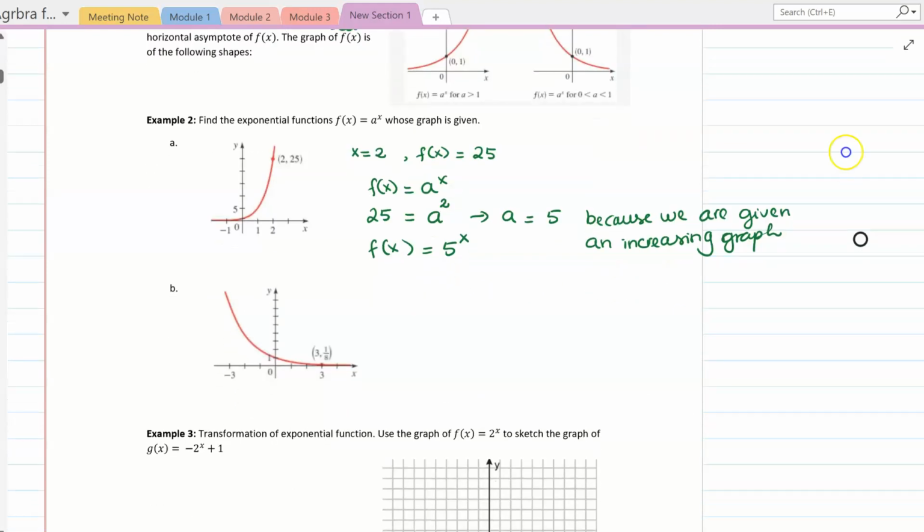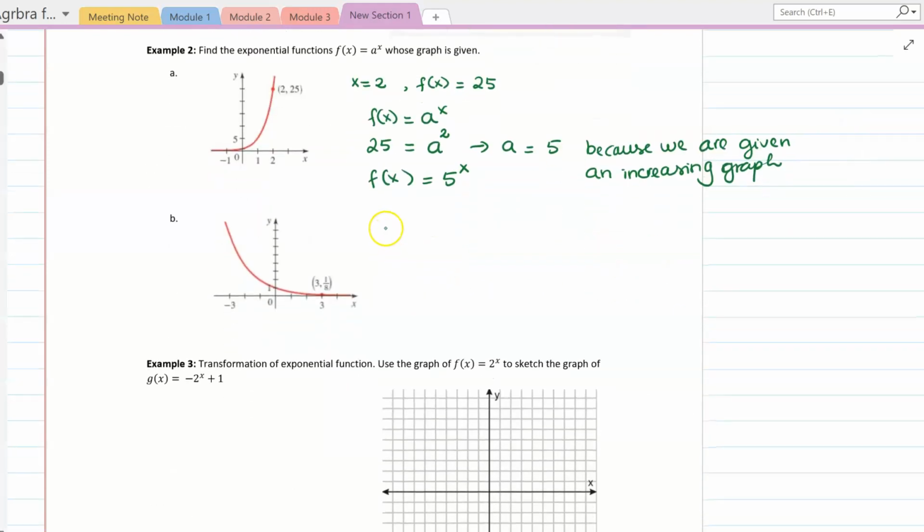So let's take a look at the next one. Here we get x is equal to 3, and f of x is equal to 1/8. And we know it goes through the point 0, 1. So let's put it into our formula. This means 1/8 is equal to a to the third.